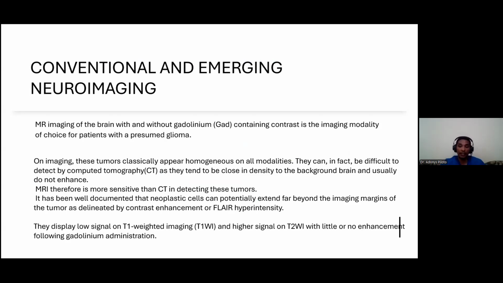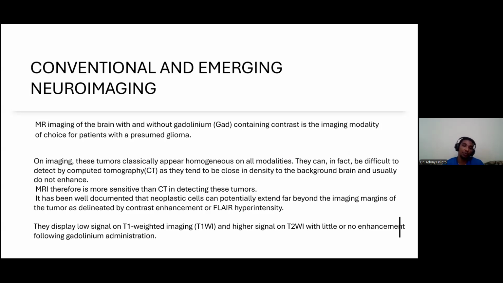MRI is therefore more sensitive than CT for detecting these tumors. It is well documented that neoplastic cells can extend far beyond the margin of the tumor as delineated by contrast enhancement or FLAIR hyperintensity.